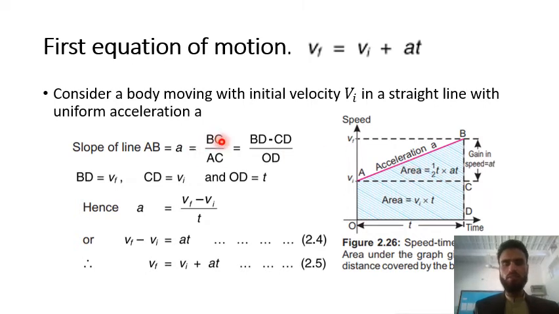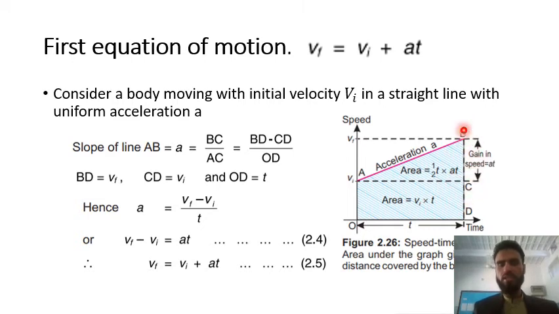So over here, BC divided by AC, BC divided by AC. Now it can be this line.